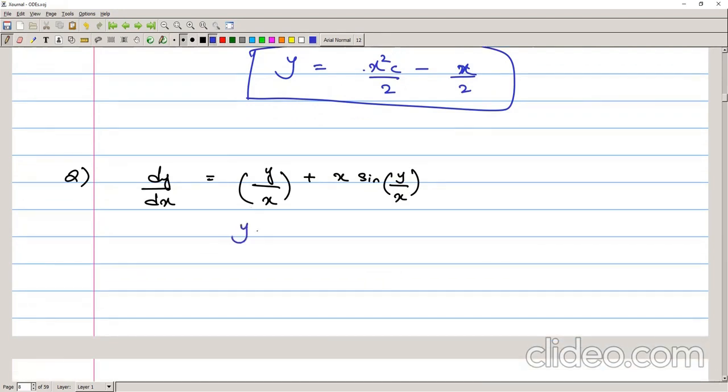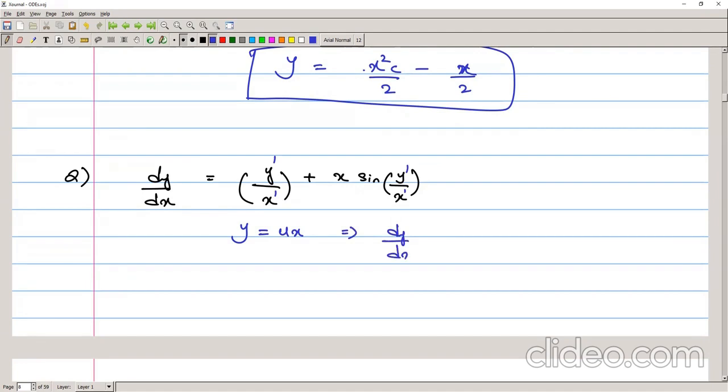Therefore, we just need to transform this equation. And again, we can see here that it's a homogeneous equation because it's y over x. The power of y is 1, power of x is 1. Again here, it's y over x and power is 1, right? So y is equal to ux will work for us.